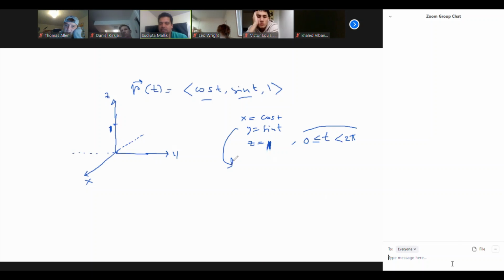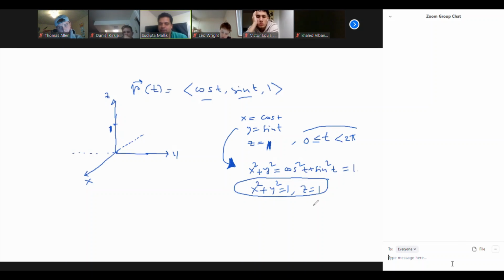You have done this parametric equation in calculus 1, at least calculus 2. So look at this. What is x squared plus y squared? This is cosine squared t plus sine squared t, and that is always 1 no matter what t is, right? So that means x squared plus y squared equals 1 and z equals 1. So what is this saying? Remember we talked about the surfaces.